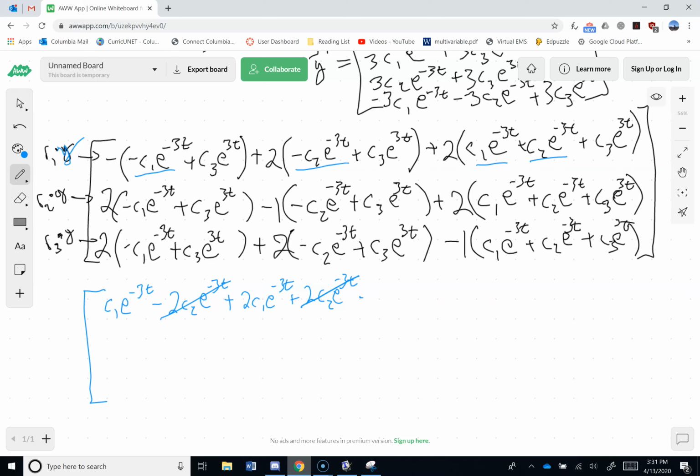Then I should have terms for e to the 3t's. So that's these guys, and there's minus c3 plus 2c3 plus 2c3, and all of that was times e to the 3t.